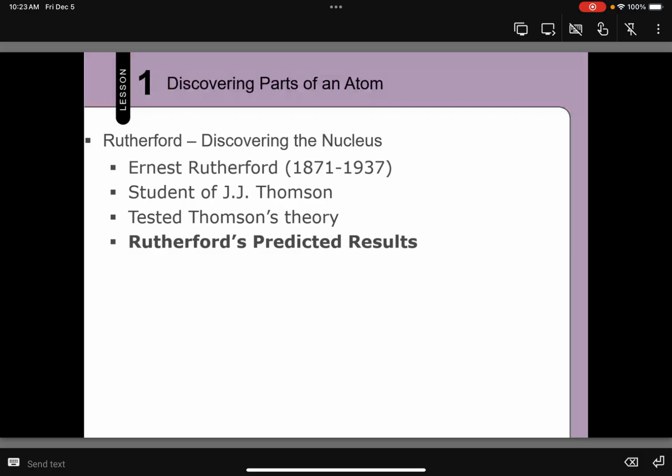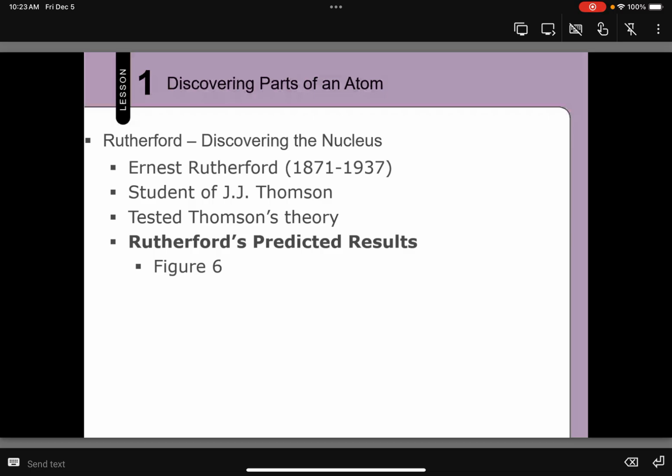So if we look at page 318, those show the predicted results of what Rutherford's experiment would be. And so you might hear it referred to as Rutherford's gold foil experiment.